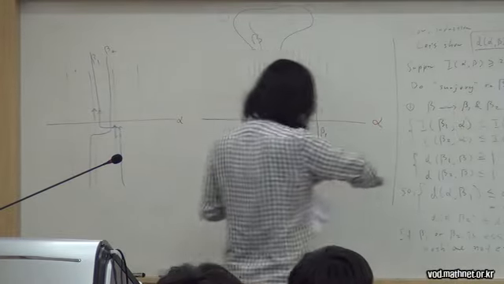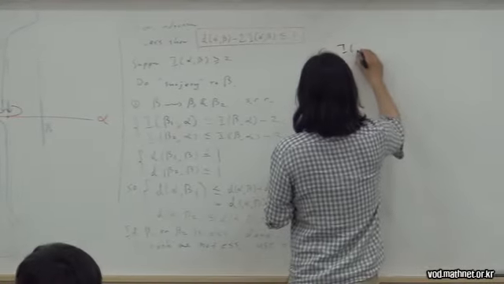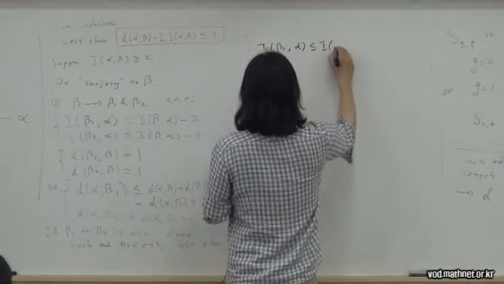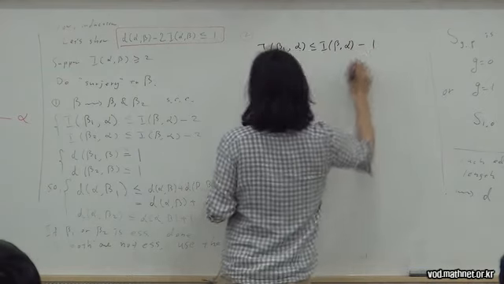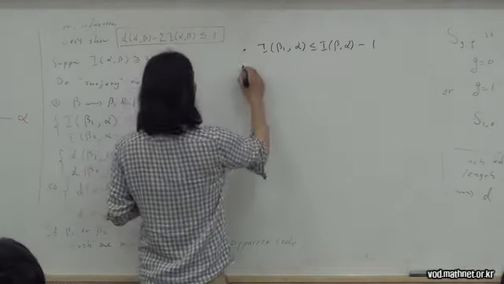The intersection number of beta 1 with alpha is the intersection number of beta with alpha minus 1, okay? Because there used to be 2 points intersecting here, but now at least for beta 1 I lost this point. So I still have this point here, I lost 1 point here. So this is true.